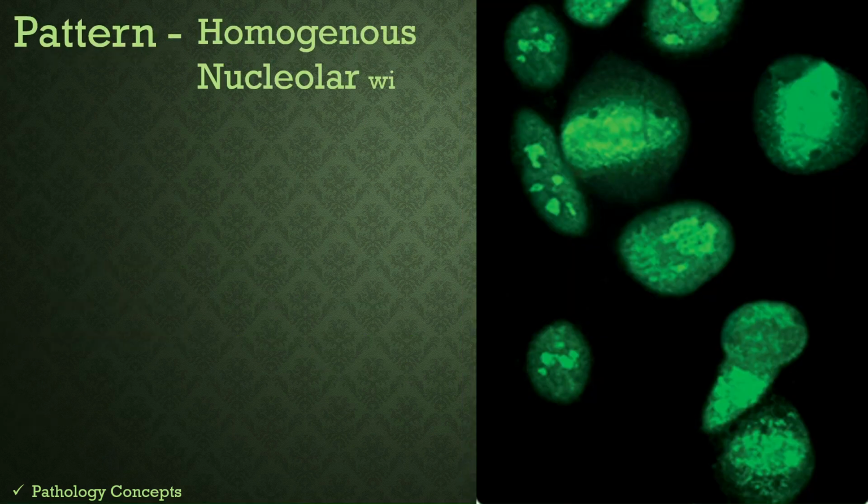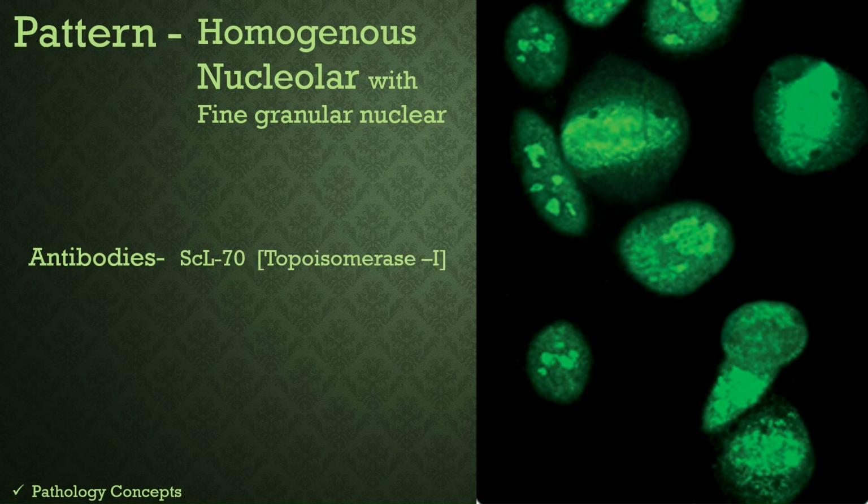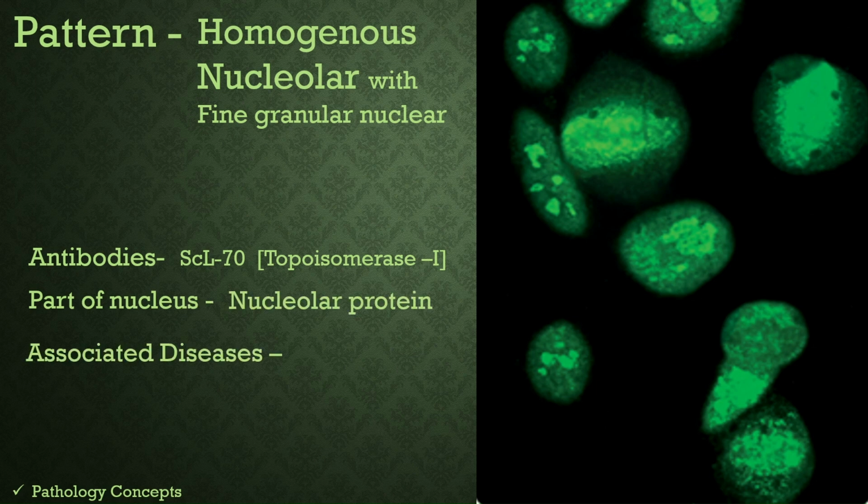Now this is the nucleolar pattern, and it is a homogeneous nucleolar with fine granular nuclear pattern. Antibodies are SCL70, specifically topoisomerase 1. Part of the nucleus involved is nucleolar protein. Associated disease is systemic sclerosis.